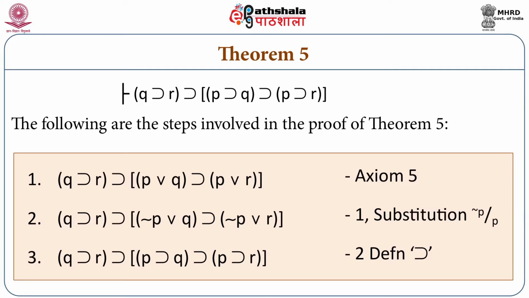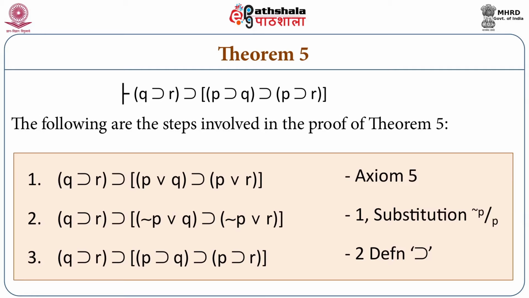Now we need to uniformly substitute variables such that we get our desired result. How do we do that? We will replace each occurrence of P by not P. So if we do that, what do we have?